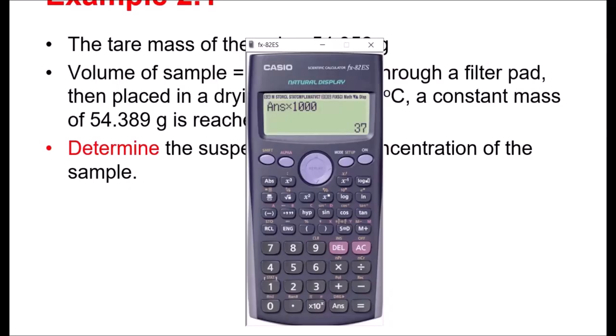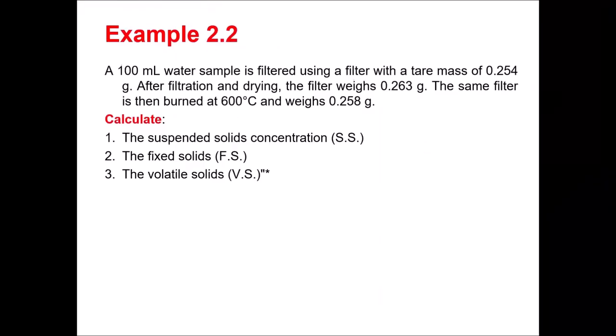The sample volume is 250 milliliters or 0.25 liters, so the suspended solids concentration is 37 divided by 0.25. So it's equal to 148 milligrams per liter.